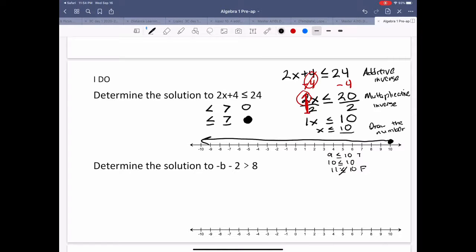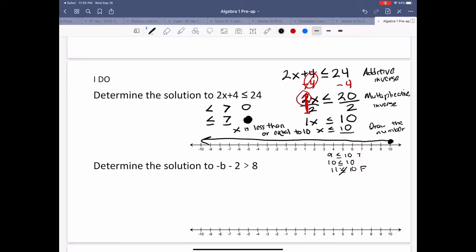Now, again, just so you know, this says x is less than or equal to 10. Let's go ahead and move on to the second example.